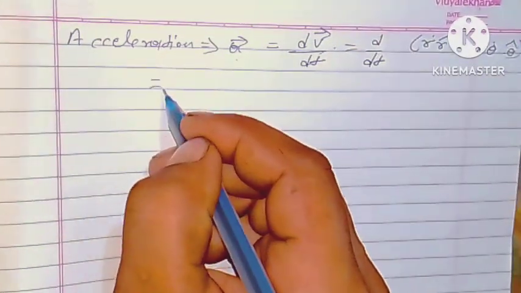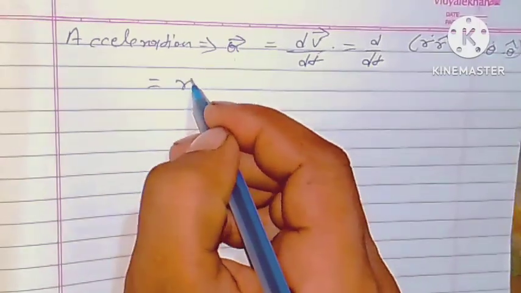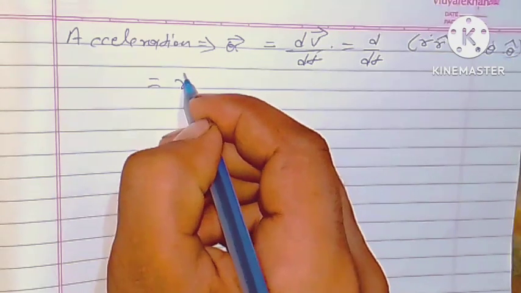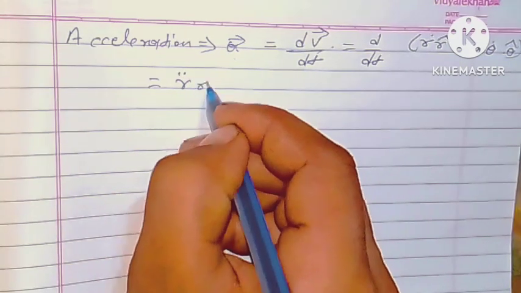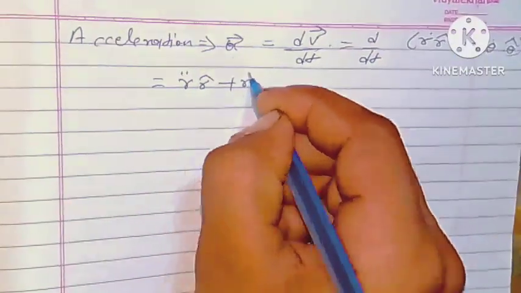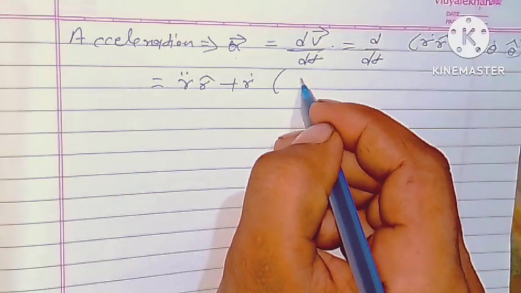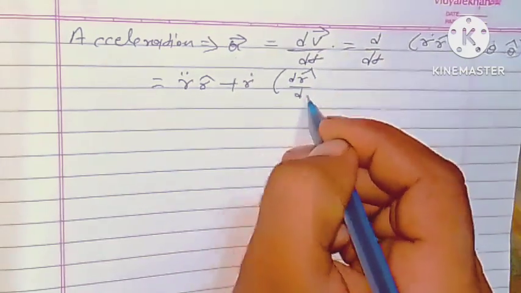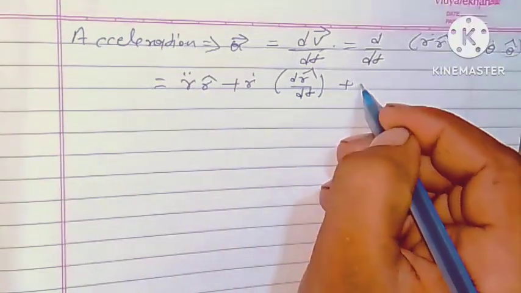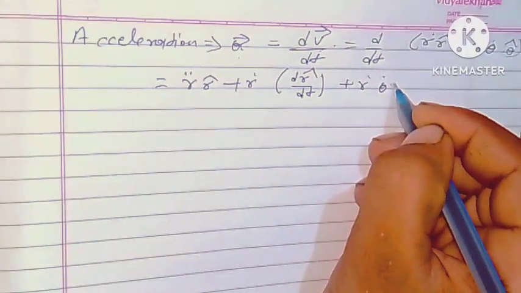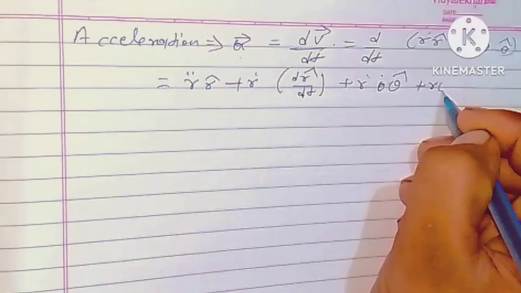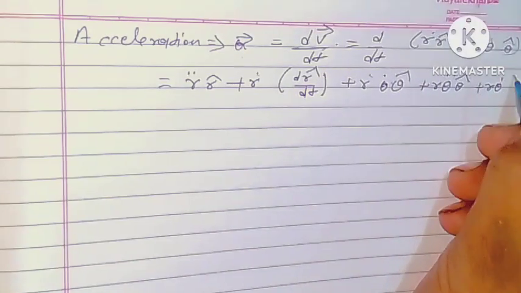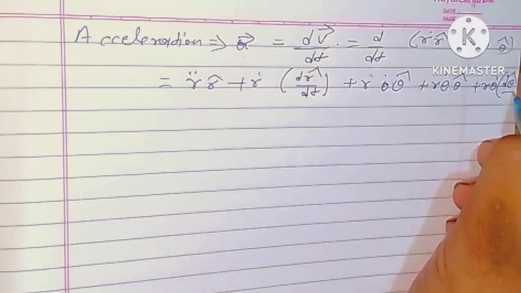Then we differentiate this: the double derivative of r unit vector r, plus the derivative of r times d unit vector r by dt, plus the derivative of r, derivative of theta unit vector theta, plus r double derivative of theta unit vector theta, plus r derivative of theta d unit vector theta by dt.